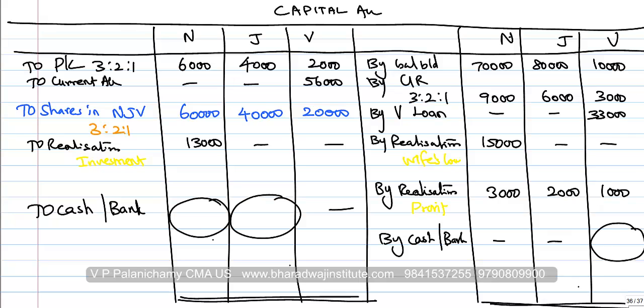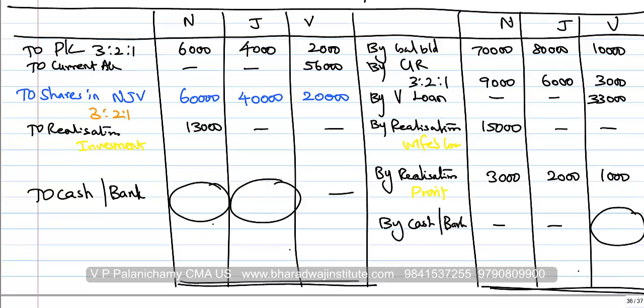What is the balance? To cash or bank, how much is paid?